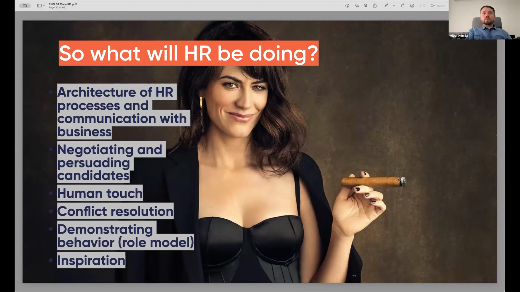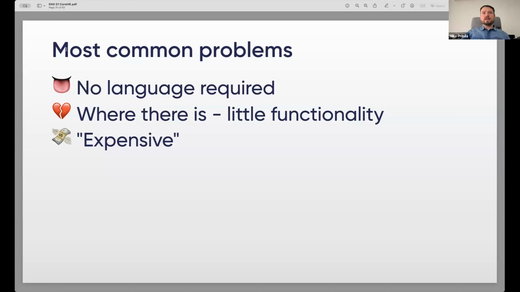So what will HR be doing? Architecture of HR processes and communication with business, negotiation and persuading candidates, providing a human touch, because people always need human touch. Conflict resolution, demonstrating behavior, being a role model, and inspiration. This is the role of the future HR.